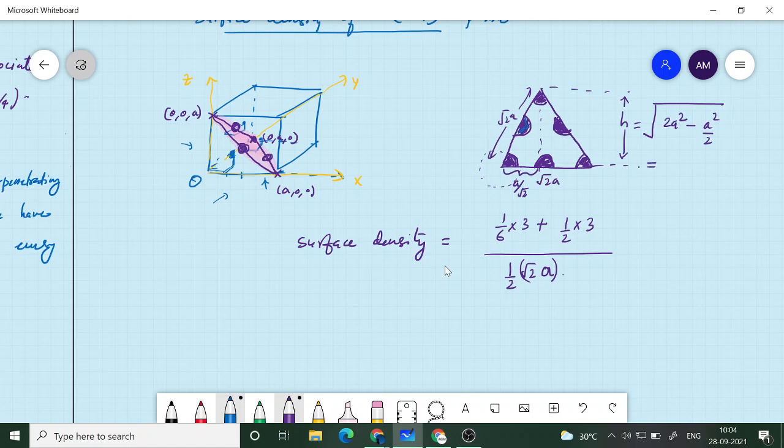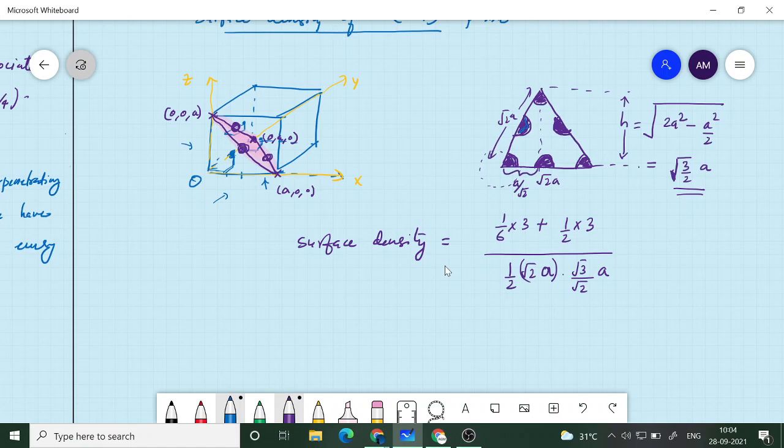So 2 minus half is basically 1.5 or 3 by 2. So you can write it as root of 3 by 2 times a. So this has to be multiplied with root 3 by root 2 into a. This root is basically going in the entire fraction, 3 by 2.